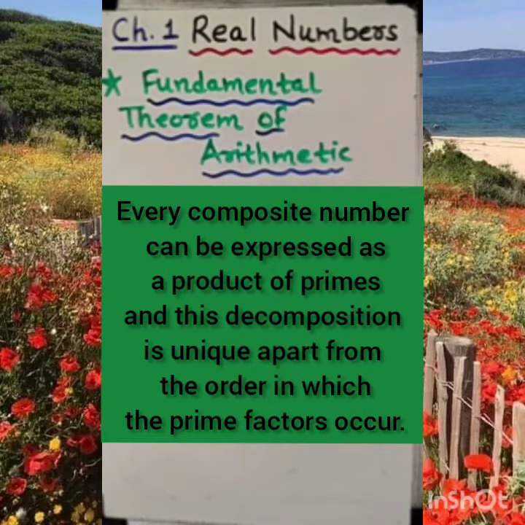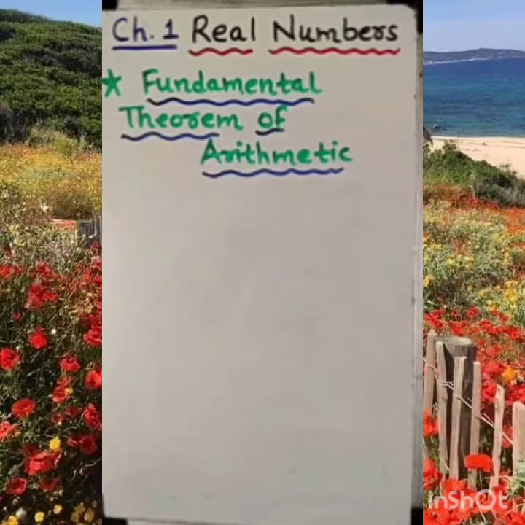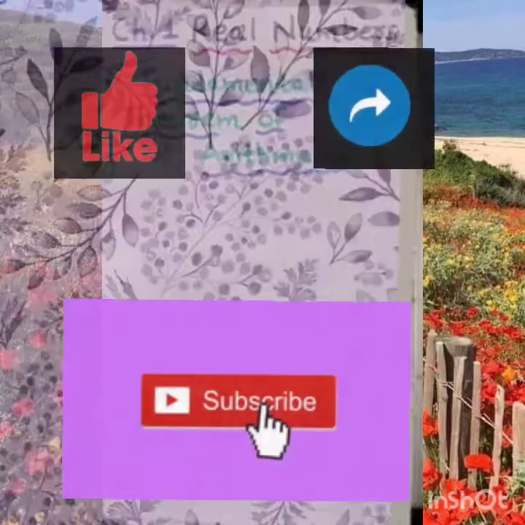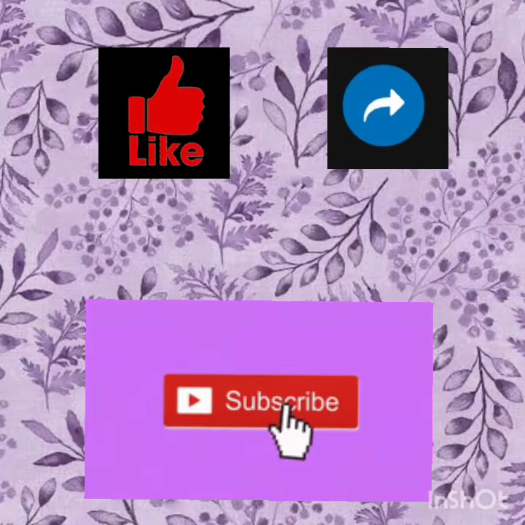So, my dear friends, it follows that a composite number can be uniquely expressed as the product of prime factors. It means that any composite number we can express as the product of prime factors. This is known as the fundamental theorem of arithmetic. I hope it's clear to you.